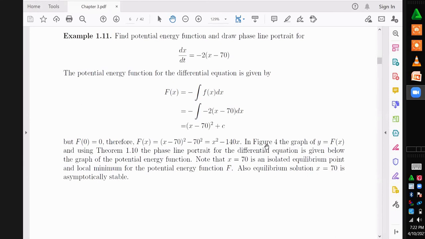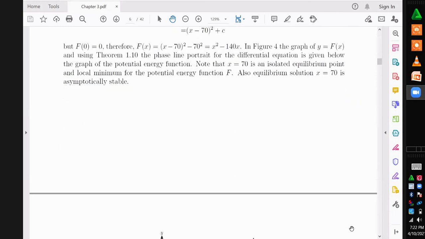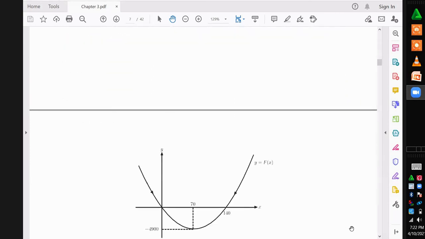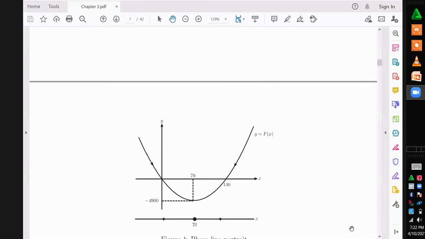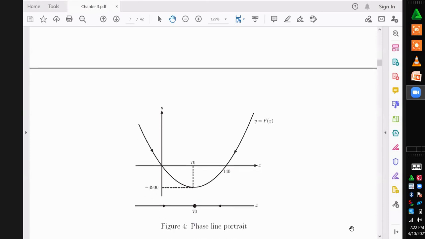So for this differential equation, x equal to 70 is an isolated equilibrium point and a local minimum for the potential energy function F. And also the equilibrium solution x equal to 70 is asymptotically stable. So you can see this is the phase portrait.